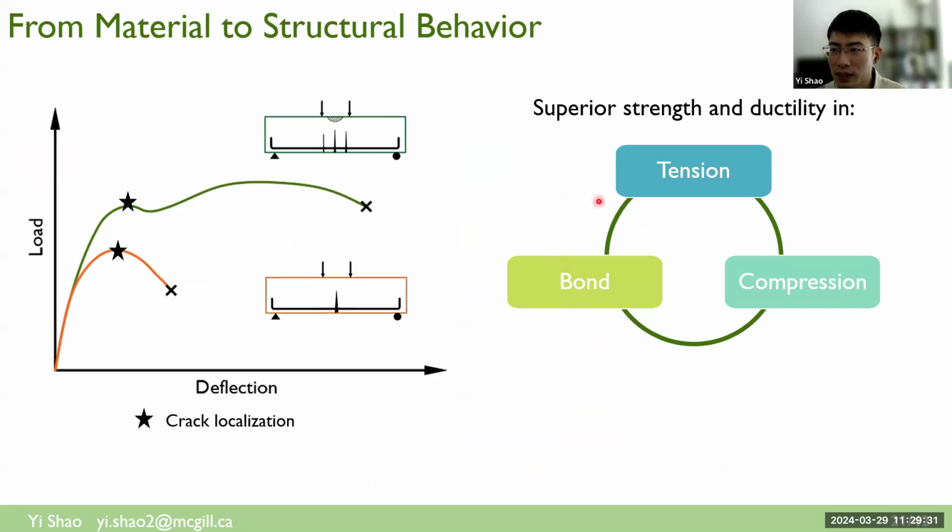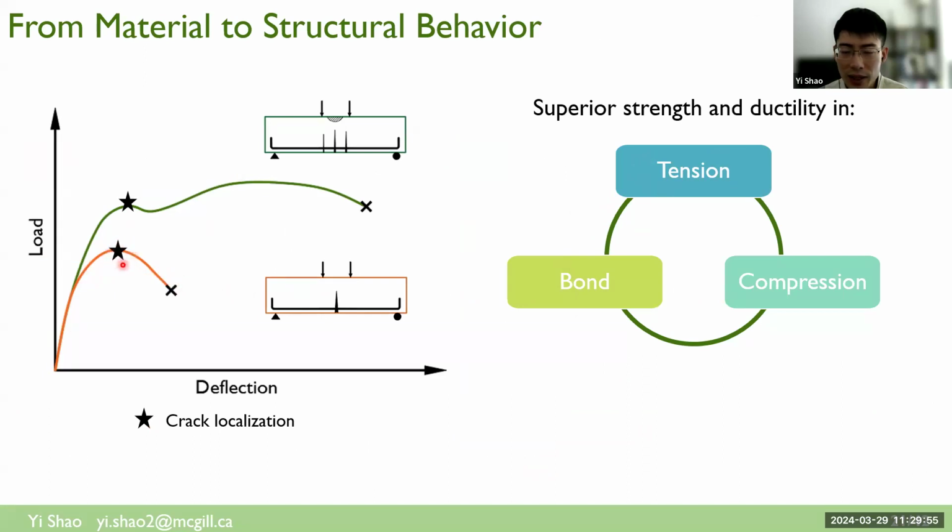And to summarize that, we know that UHPC has high tensile strength, high tensile ductility, high compressive strength, high compressive ductility, high bond strength, and high bond ductility. And then those material behaviors are significantly altering the failure mechanism of UHPC.